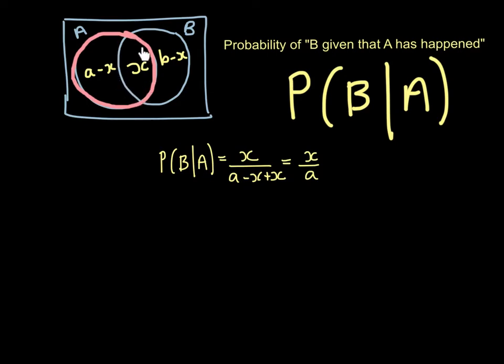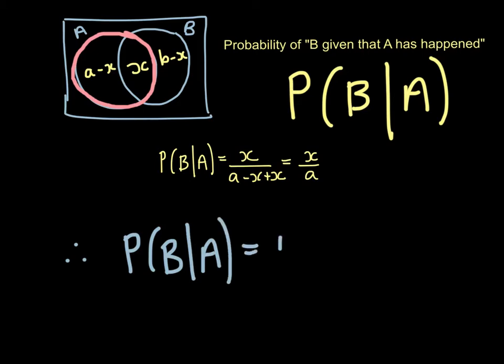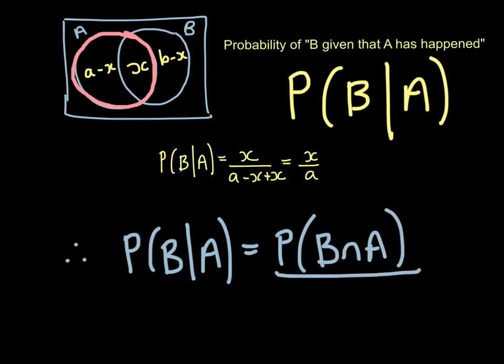So in terms of generating a formula, X is the probability of B intersection A, and a is the probability of A. We can rewrite this as the probability of B given A is equal to the probability of B intersection A divided by the probability of A.